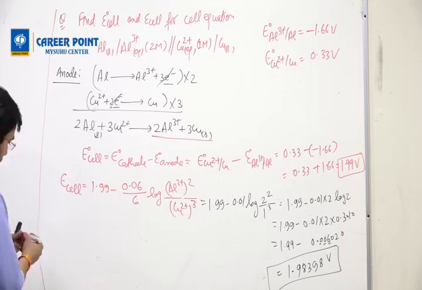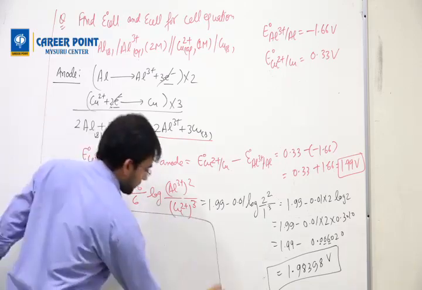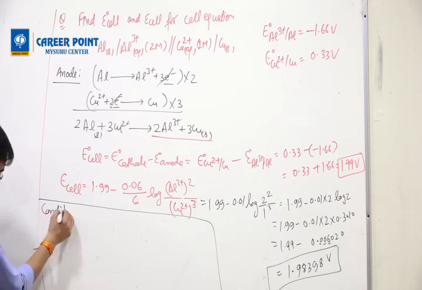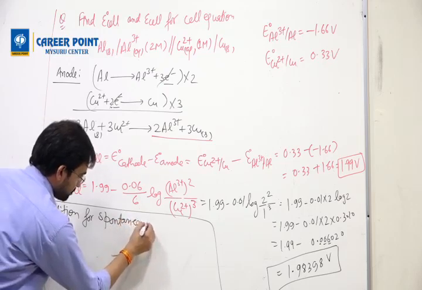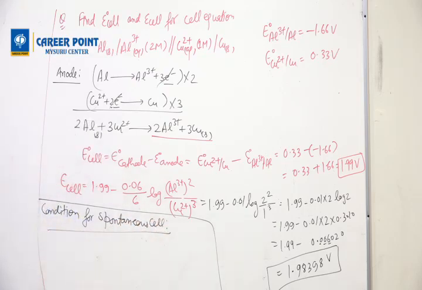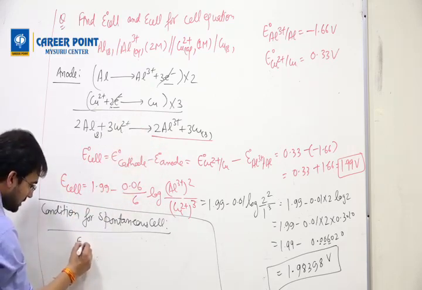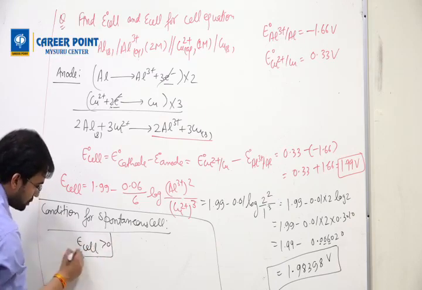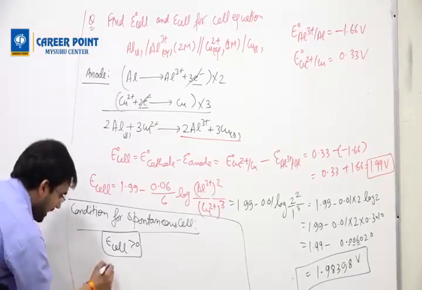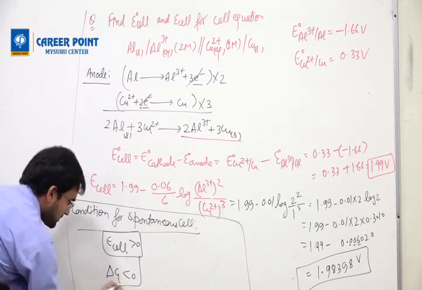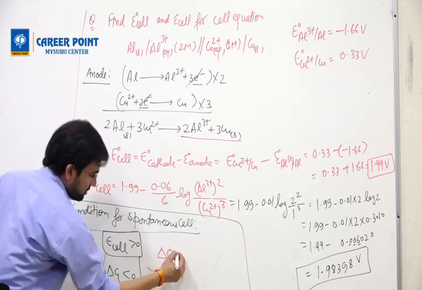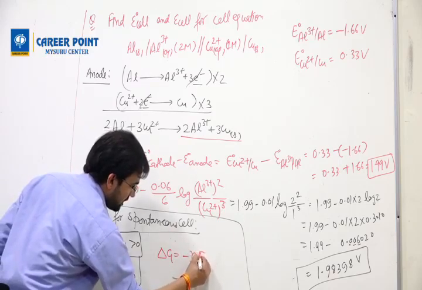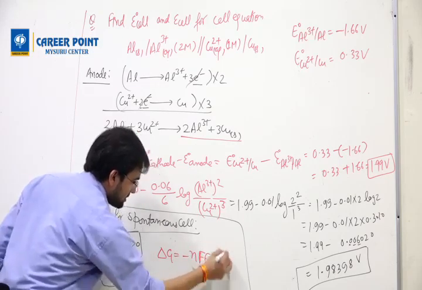Now the thing which I wanted to tell you before is this. Condition for spontaneous cell. The condition for a spontaneous cell is E cell must be positive and delta G must be negative, because delta G naught or delta G equals to minus N F E cell.